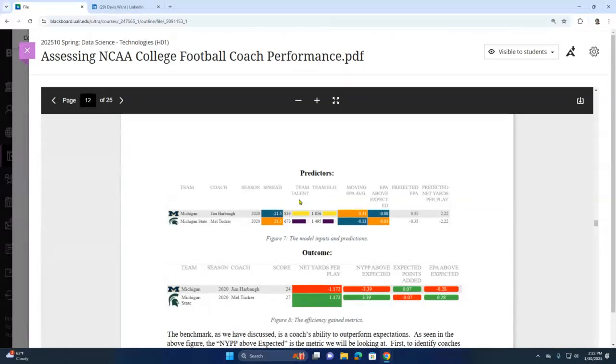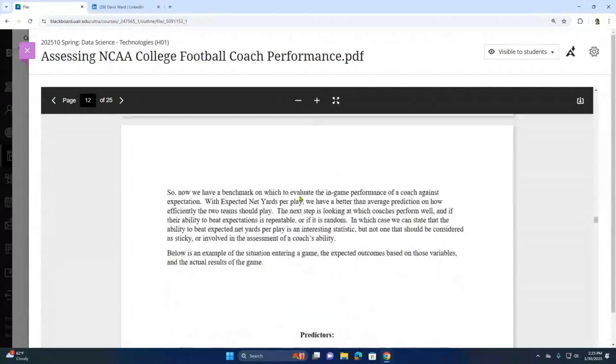So you could take the team roster and total up the team talent points. And then there were other metrics, like the moving EPA average and the EPA above expected. These were all metrics that he could pull off of these betting sites and sports sites.